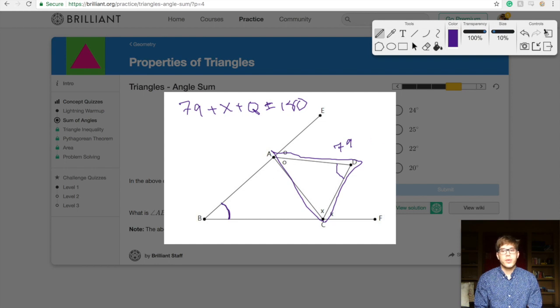And what else do we have? Well, this missing angle is going to be 180 minus 2O. Or if we changed it to Q, then 2Q. And this missing angle here is going to be 180 minus 2x.